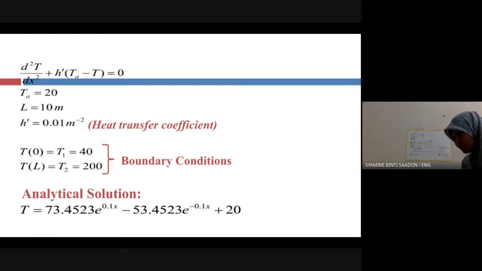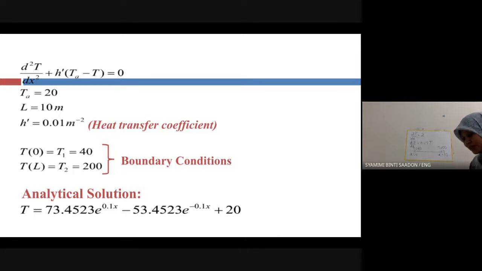If we are going to apply the Euler method or even the Runge-Kutta method, we have to make some assumptions. The first assumption is that we don't know the value of dT/dx. Yes, dT/dx is equal to Z, but what is the value of Z? We don't know that, so we have to assume.